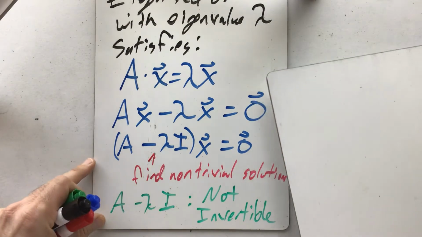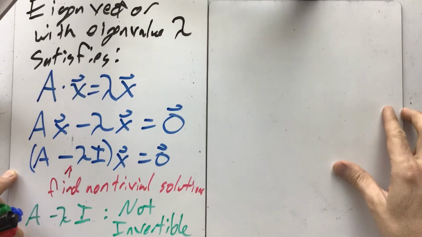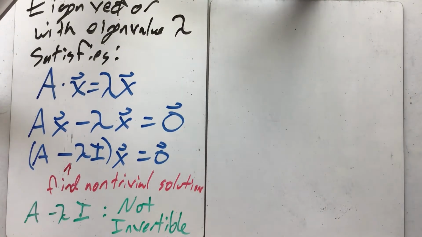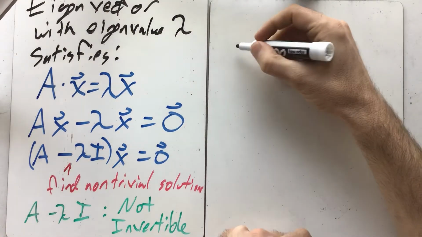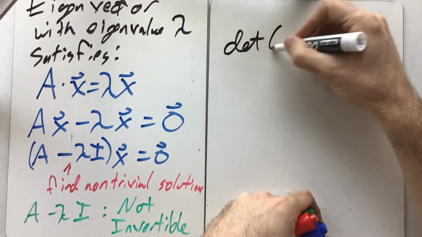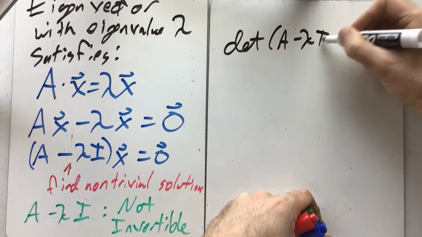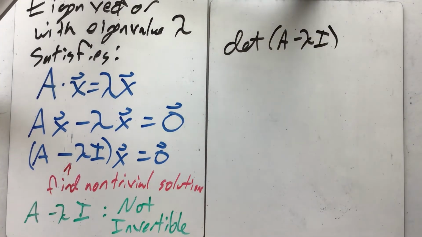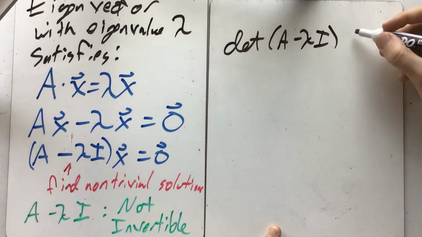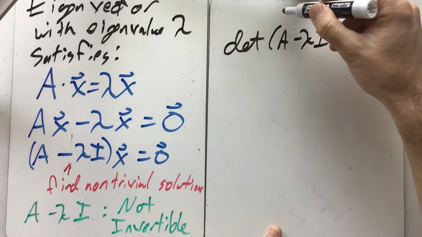One of the things that must be true, and we saw this the last couple times, is that the determinant of A minus lambda I has to be 0. What we know is that invertible matrices always have a determinant that is a non-zero number. Not invertible matrices always have a determinant equal to 0.